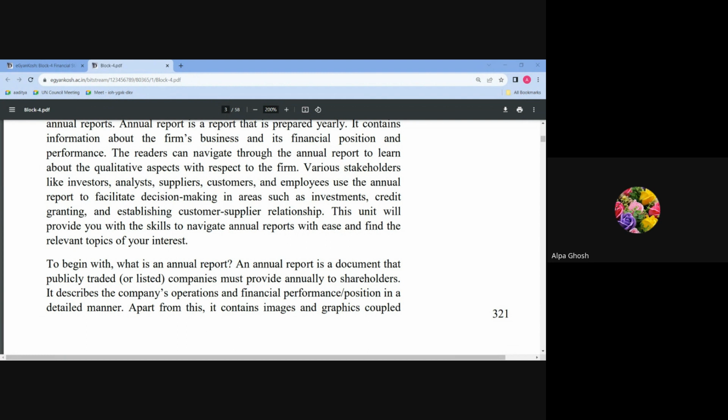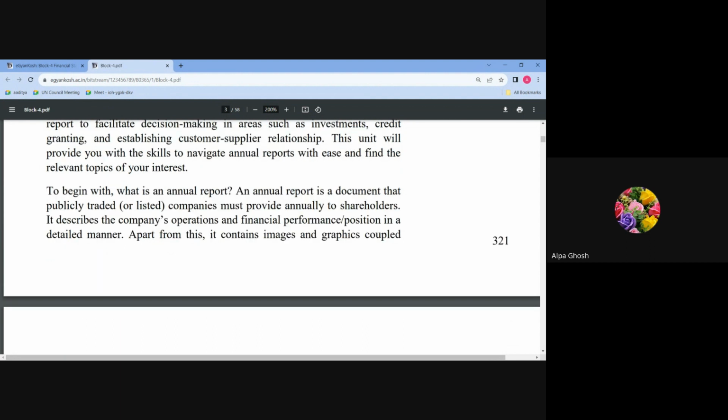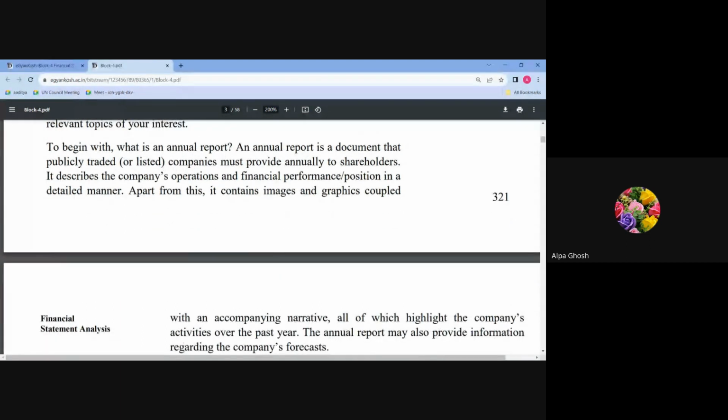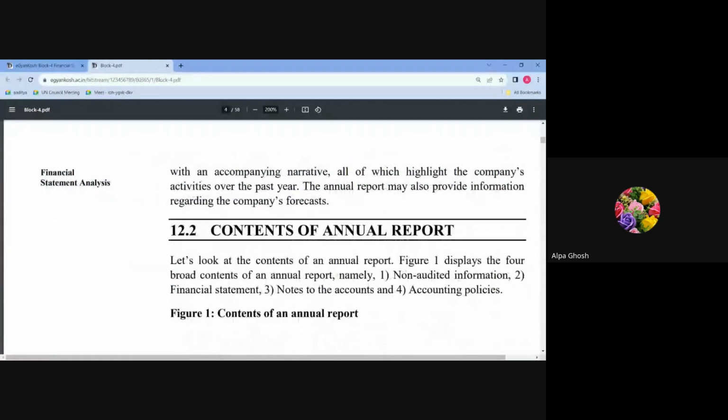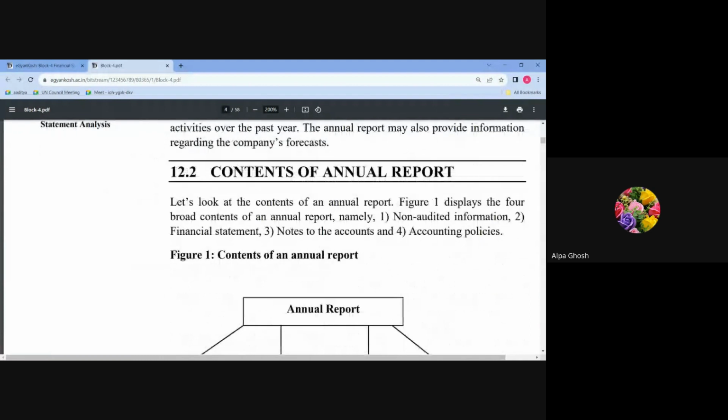The company's operations and financial performance and position are published in a detailed manner with graphs, tables, and information. Now, if we start with the contents of the annual report, you can see a figure which we will display now.